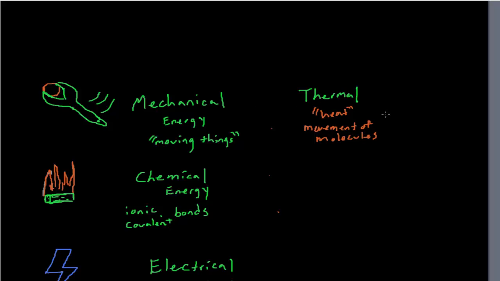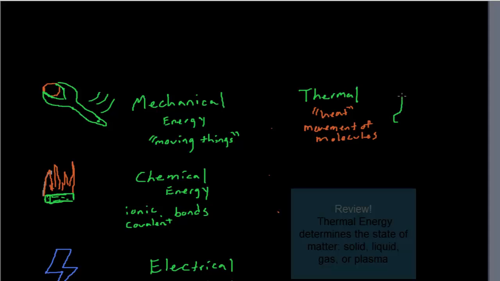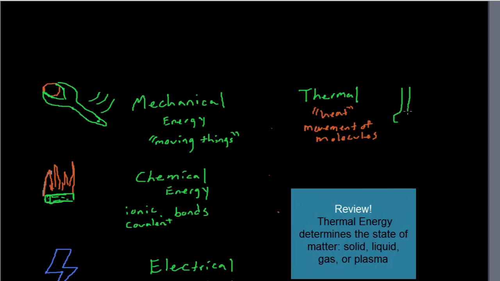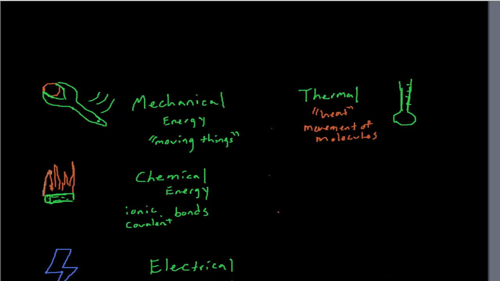Well, that's what thermal energy is. It's the movement of those molecules. Here's a cheesy little thermometer as a visual reminder. Here's some mercury down at the bottom, and it goes up. Thermal energy, that's heat.